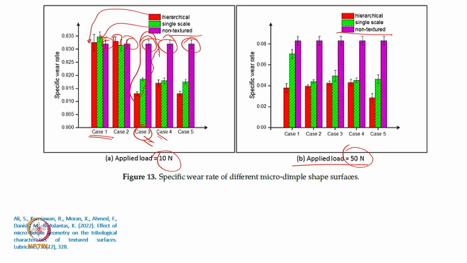It causes additional manufacturing cost, and if it is not really giving significantly good performance, then we should not go ahead. However, texturing is one of the very effective methods, and if it is not really giving good overall results, we will go with other surface engineering technologies, so that we get better and better results.